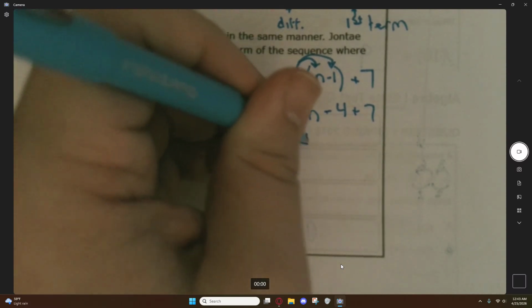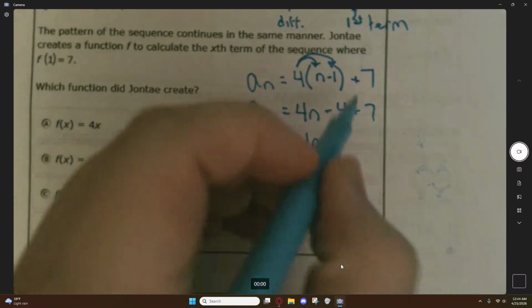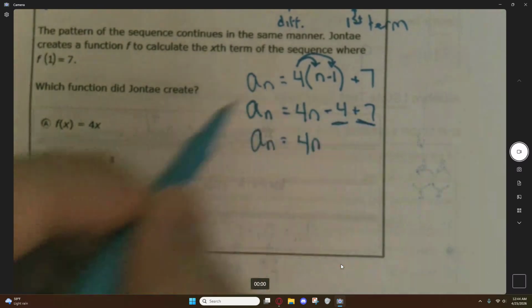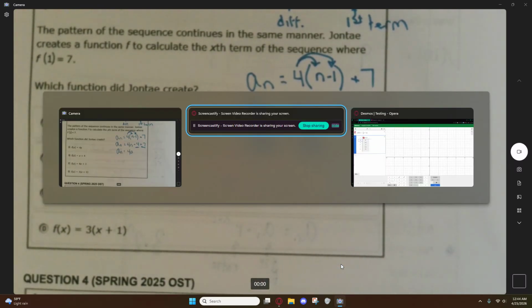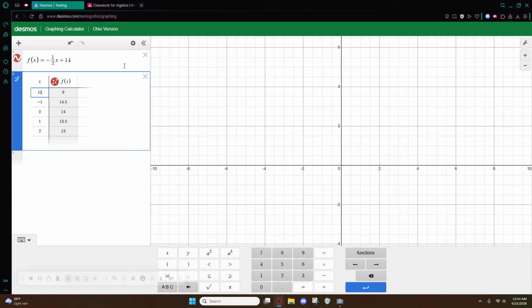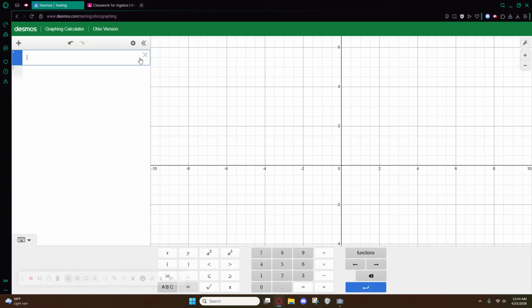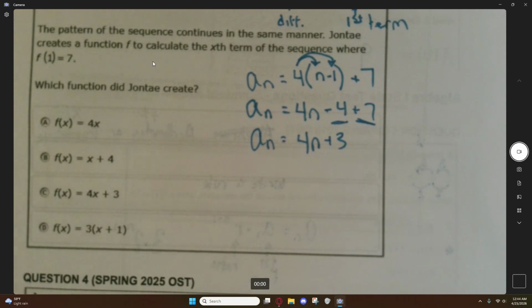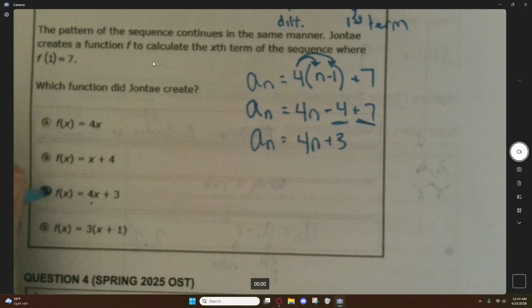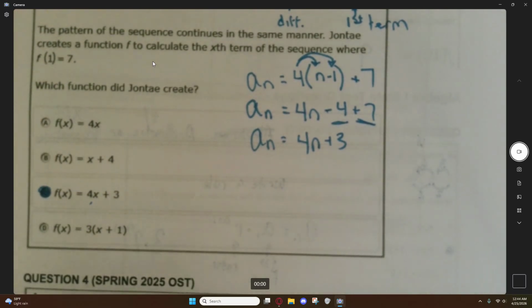A of n equals 4n. Negative 4 and positive 7 are like terms. They can be combined. If you need to check your calculator, by all means, check the calculator. Negative 4 plus 7 makes positive 3. 4n plus 3 is pretty close to 4x plus 3. That would be our answer.